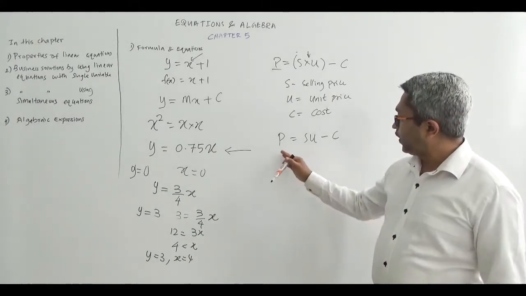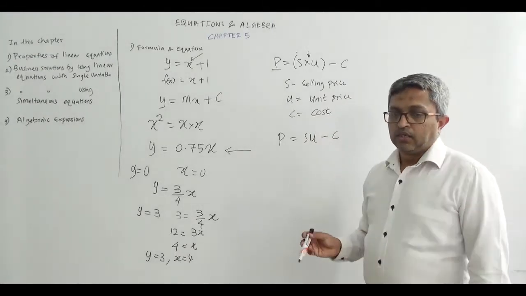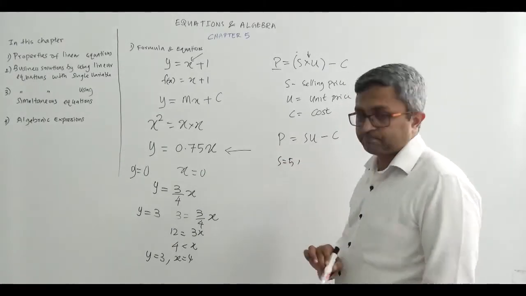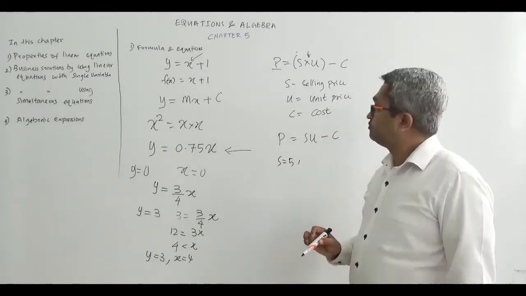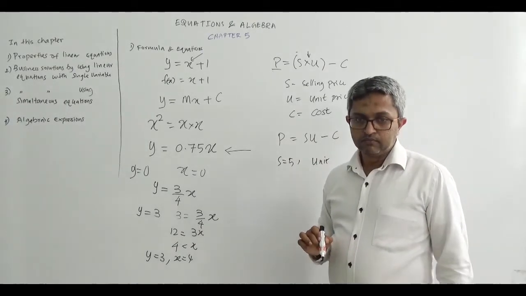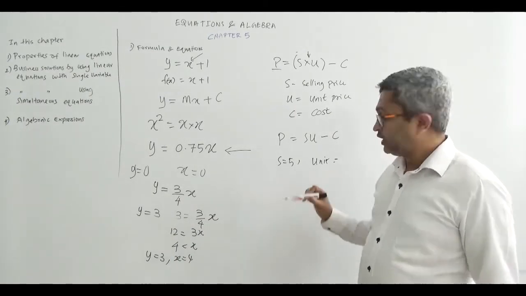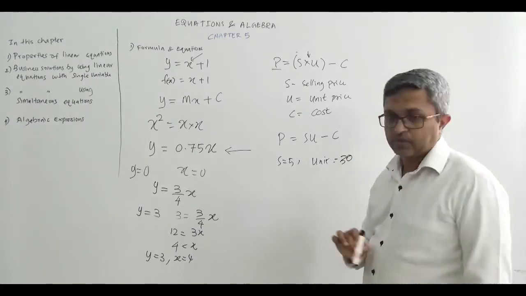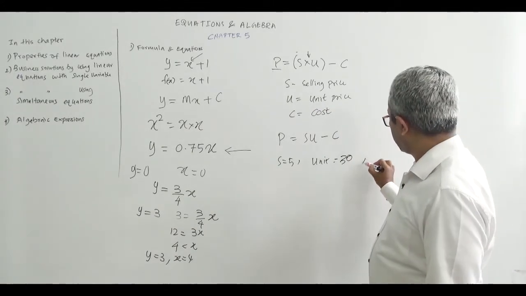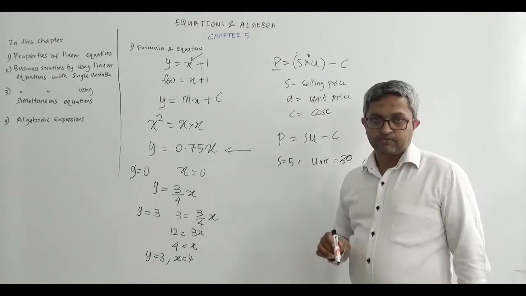Okay, let's take values for this and we can find the profit here, right? Let's take S, the selling price, equals 5, and then the unit price, the number of units sold, let's say it's going to be 30, and also we will take the cost as 118. Now you can find the profit, right?